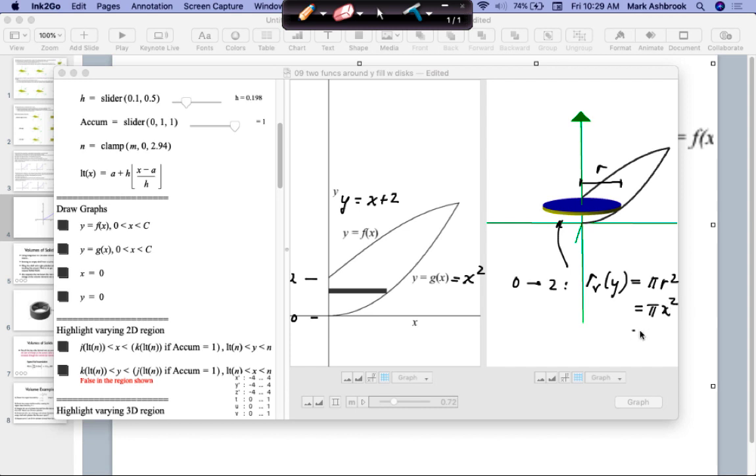And how do we write the x-coordinate of g in terms of y? Notice x squared. See that? What is x squared equal to? Y. Okay, so that's our rate function for the first part. And then the rate function for the second part will be a washer, right?